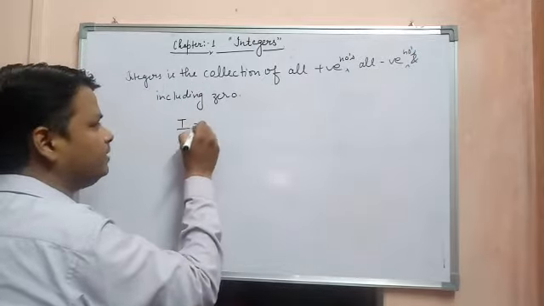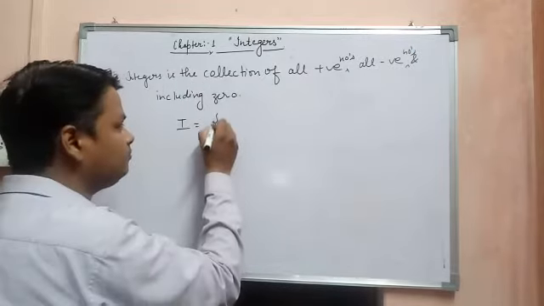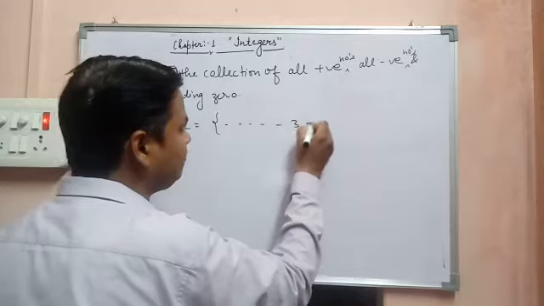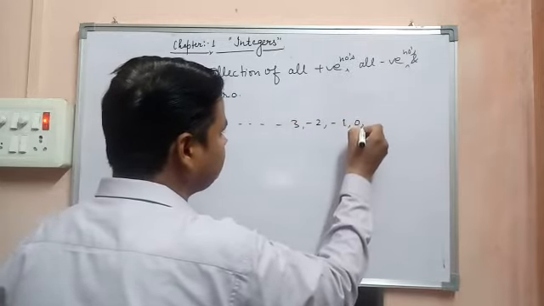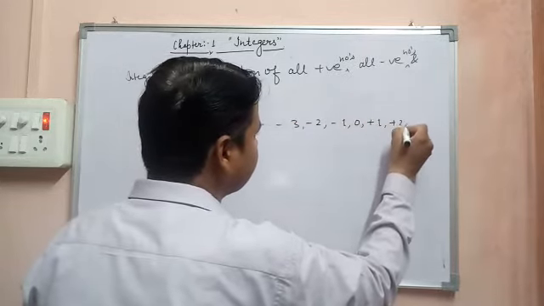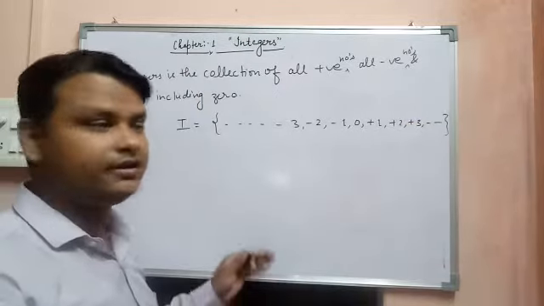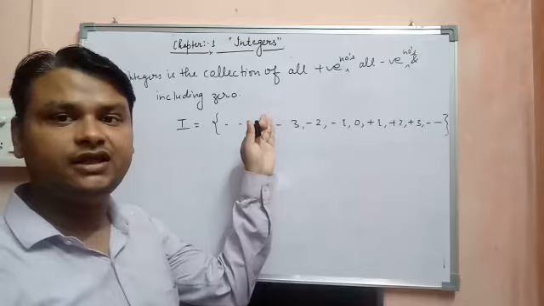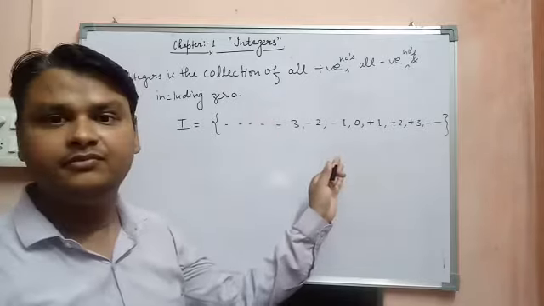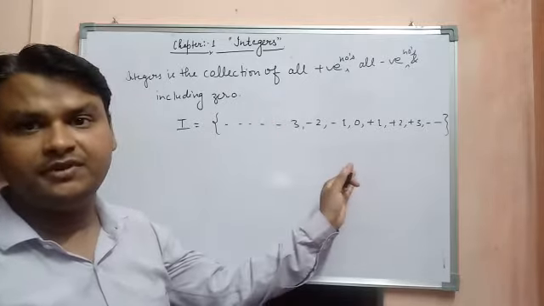It is denoted by capital I. I is equal to -3, -2, -1, 0, +1, +2, +3, and so on. So this is the definition of integers, and this is an example of a collection of integers.